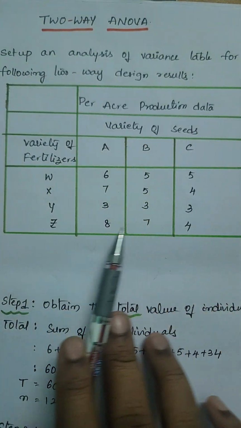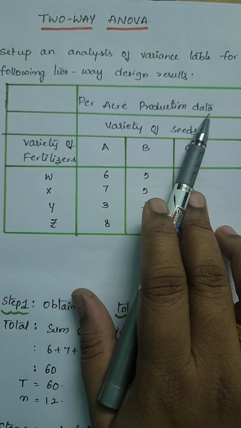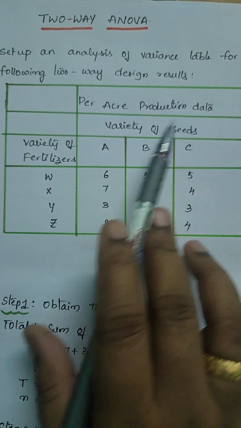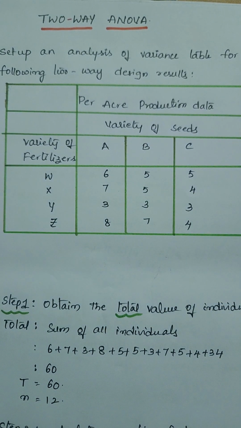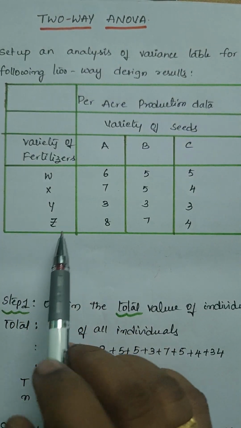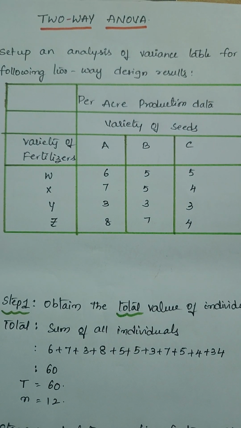Here is the data concerning the per acre production when we use different varieties of seeds and different varieties of fertilizers. W, X, Y, Z are fertilizers, and A, B, C are different varieties of seeds.